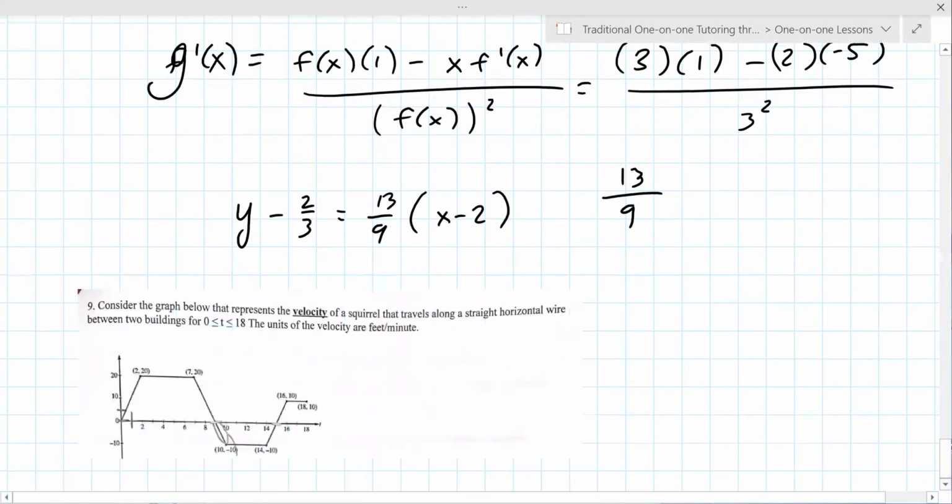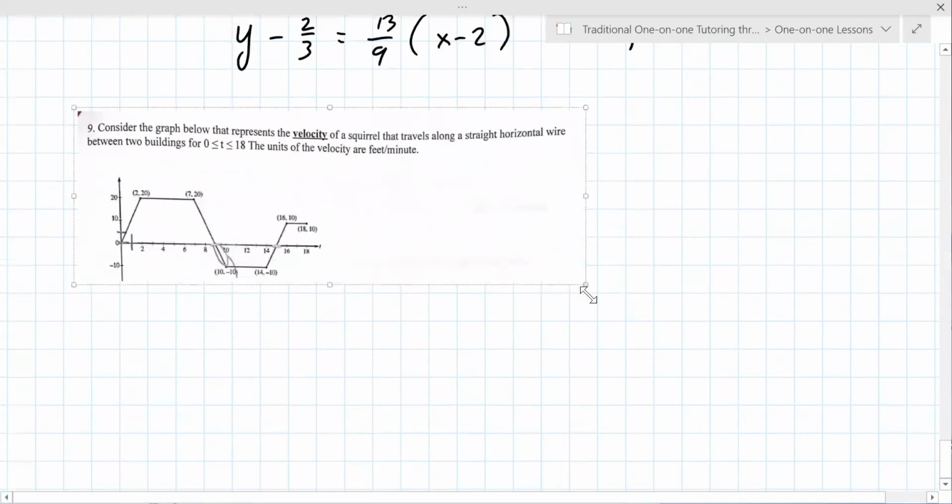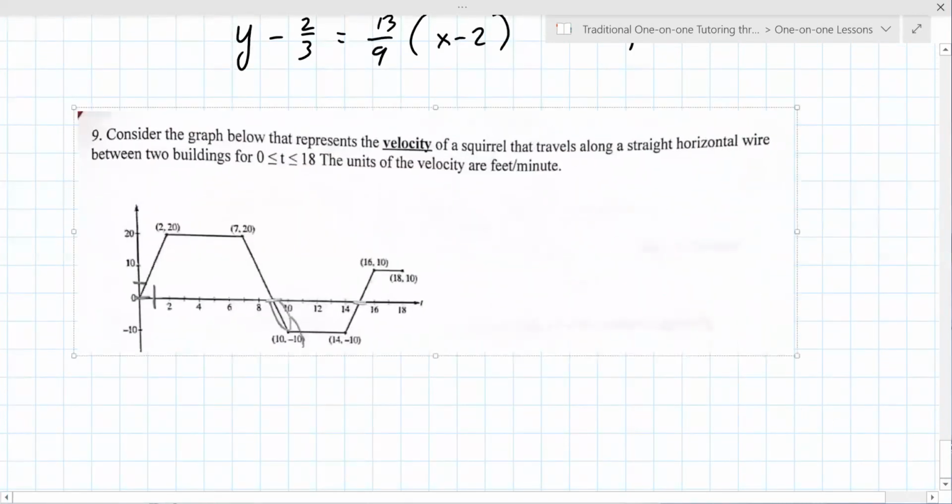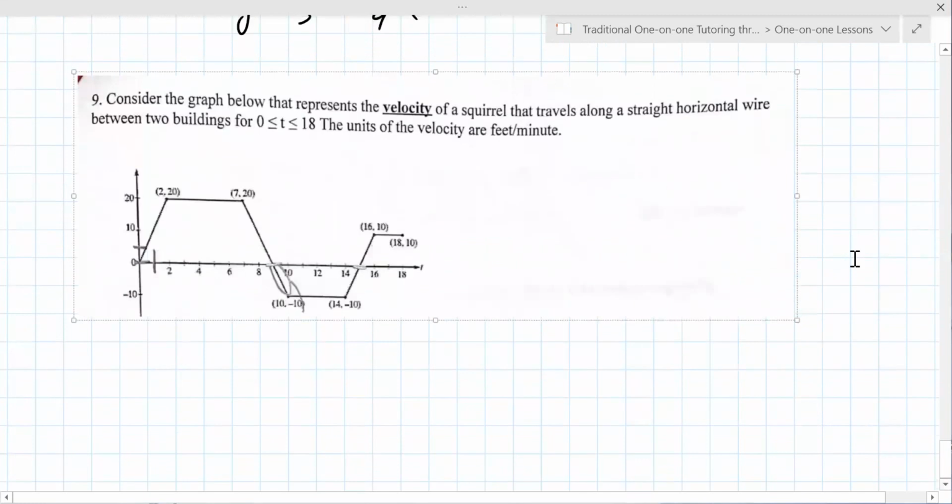So they give you a graph of velocity. Velocity is the derivative, because they could give you a derivative graph. So when the velocity is above the x-axis, the position is increasing.